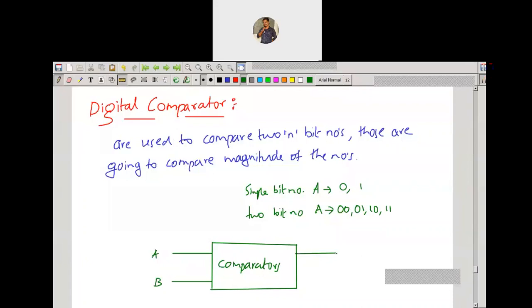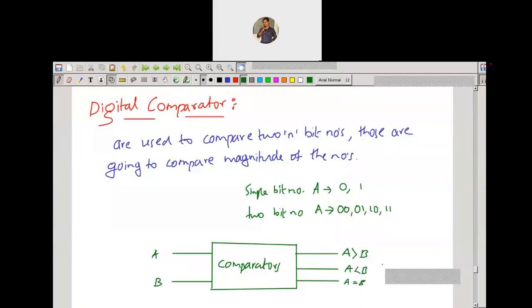Either A is more than B, or A is less than B, or A equal to B, right? So we'll have three possibilities here. Either A greater than B, or A less than B. One more possibility is A equal to B. In every comparison, you'll get only three possible outputs.